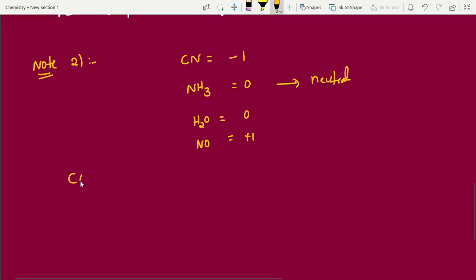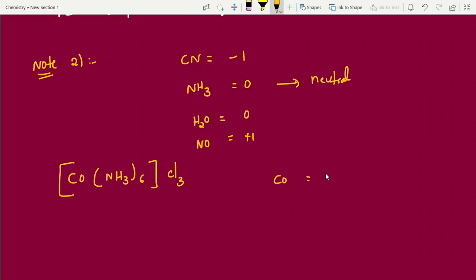Look into this. Co(NH3)6 Cl3. Here, what is the cobalt oxidation state? Cobalt oxidation state they are asking. You can take it as X plus 6 into 0, that's it, 6 into 0 plus 3 into -1.